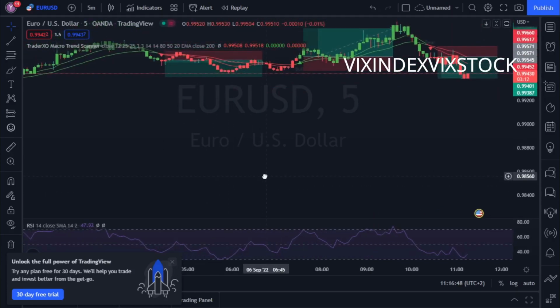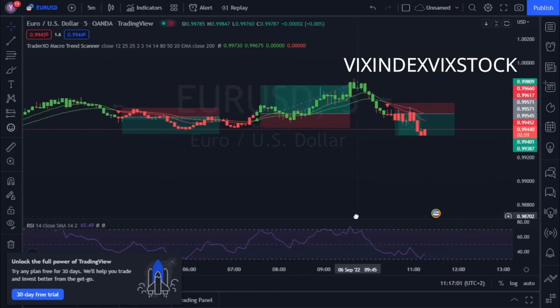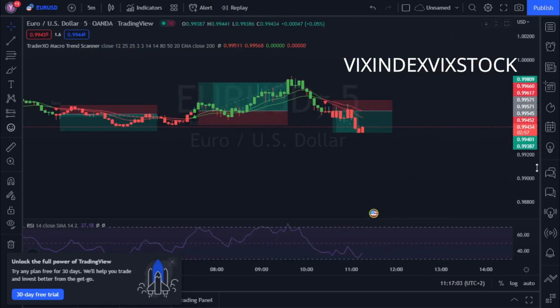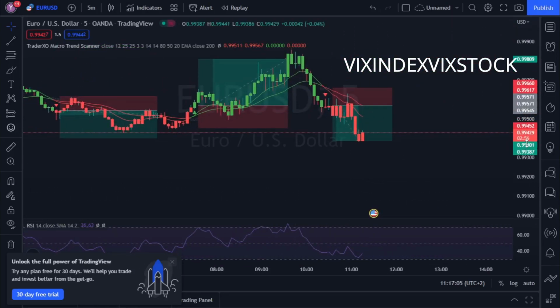So you can find some ways to filter out any bad trades: RSI, the MACD, or the stochastic. So yeah, that's basically about this cool indicator, and hopefully you can use it to make some money.